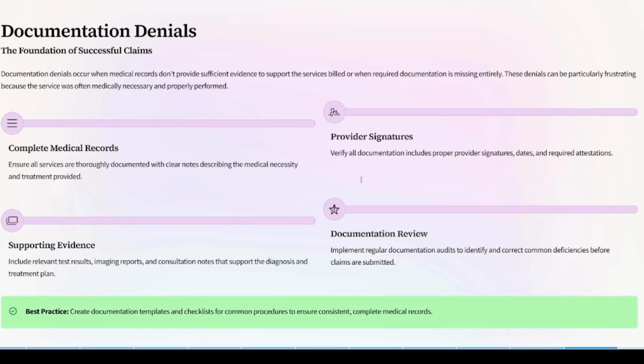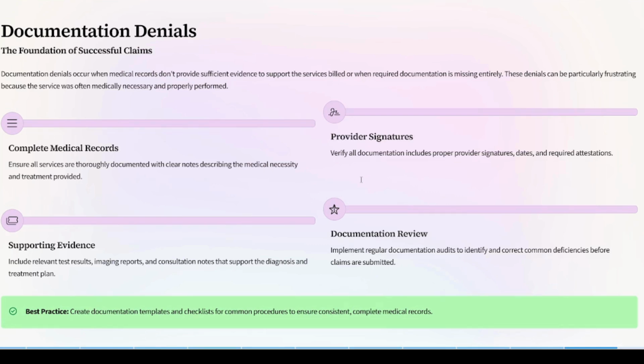These denials can be particularly frustrating because the services are often medically necessary and properly performed. So you want to make sure that you have complete medical records, ensuring all services are thoroughly documented with clear notes describing the medical necessity and treatment provided. Okay? So there are no shortcuts when it comes to medical records. You need to make sure all aspects of that medical record are there.